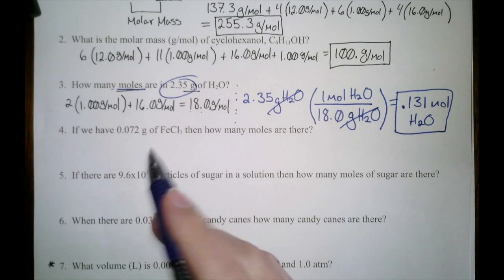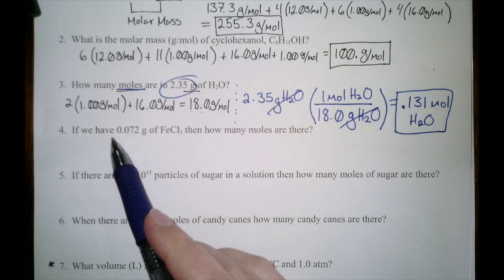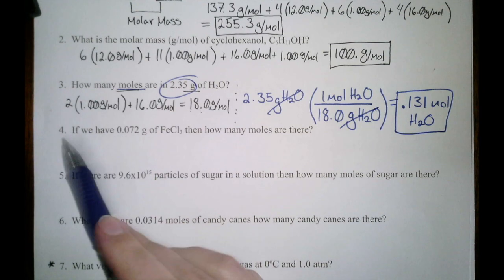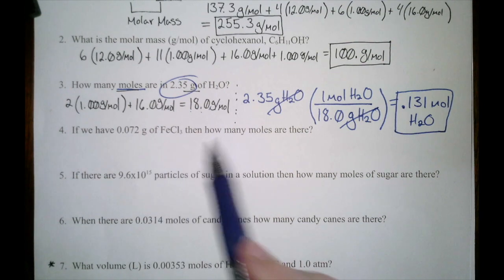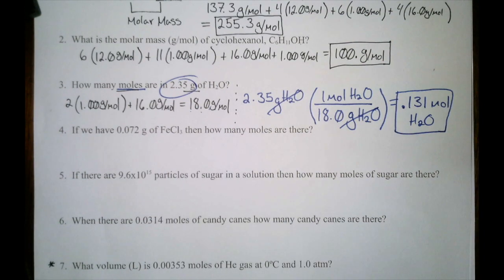Next up, we have a similar calculation. If we have 0.072 grams of iron 3 chloride, then how many moles are there? Take a moment to pause the video and see if you can try this one on your own. All right, let's work through it.